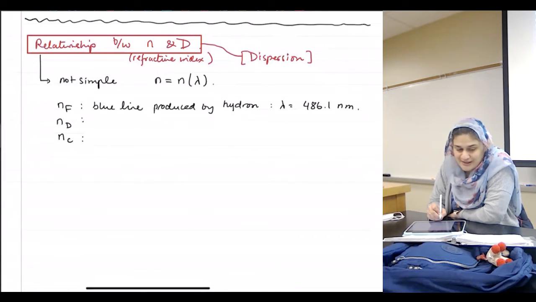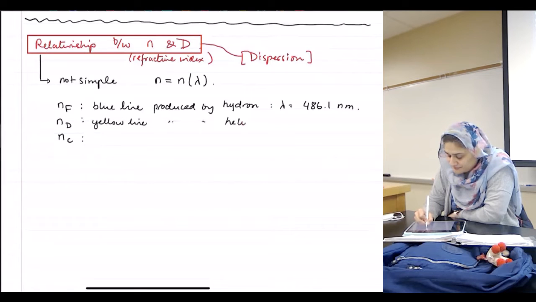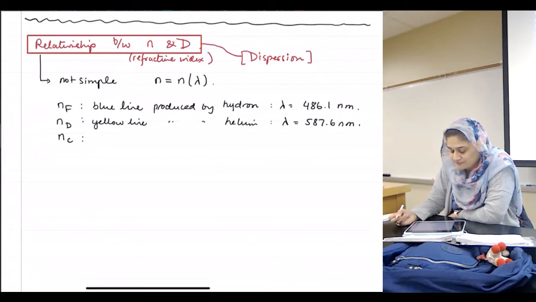We use ND for yellow lines produced by helium, corresponding to lambda of 587.6 nanometers.